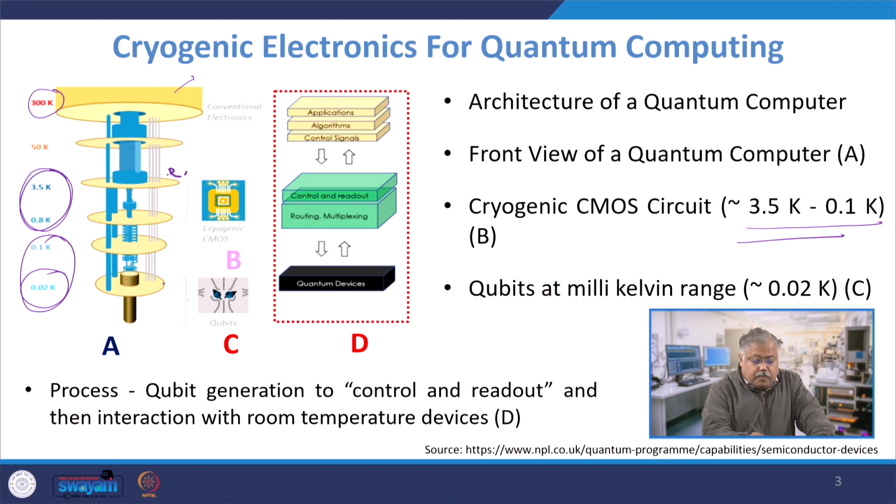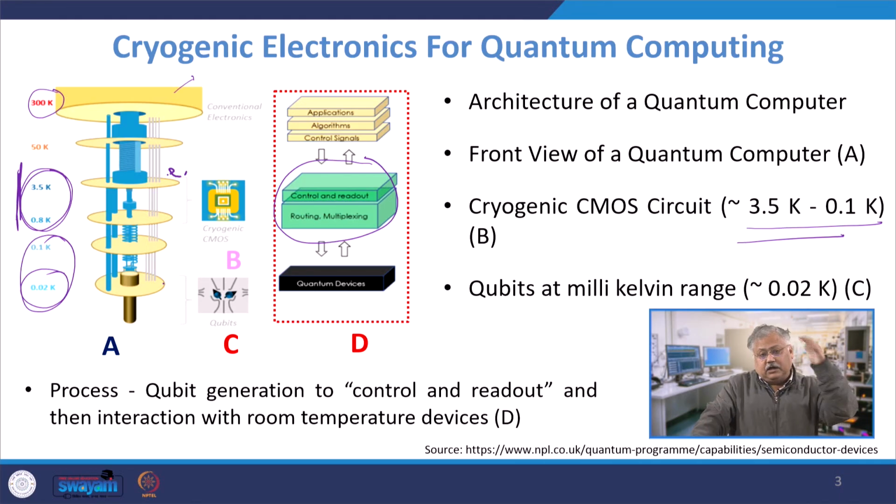Then control, readout and routing and multiplexing is all done using CMOS at cryogenics around 4 Kelvin, where you will keep it. So this green colored comes somewhere here, right? And then finally, external control signals, application domain, the algorithms which you develop, which will be driving the cryo CMOS circuitry for manipulating my qubit, is all at 300 Kelvin, right?